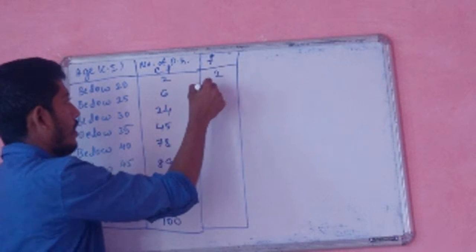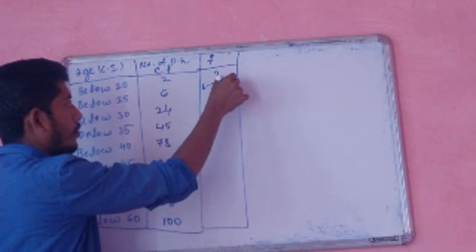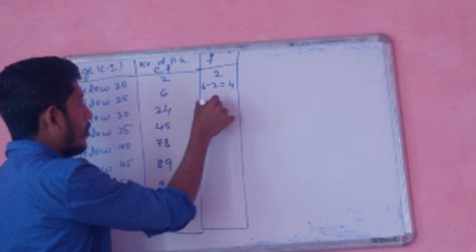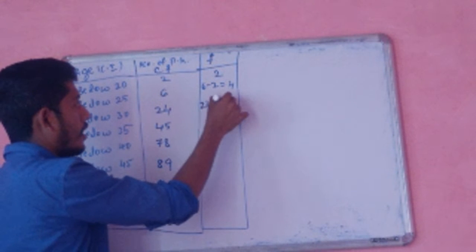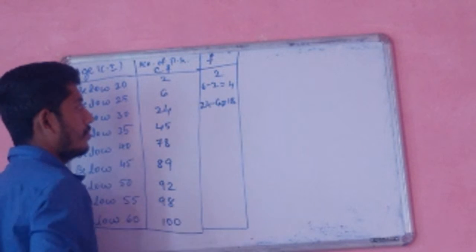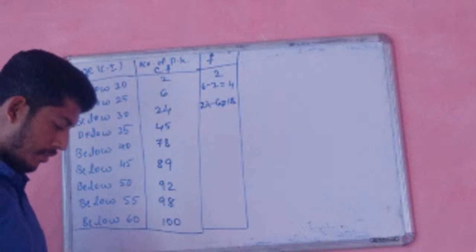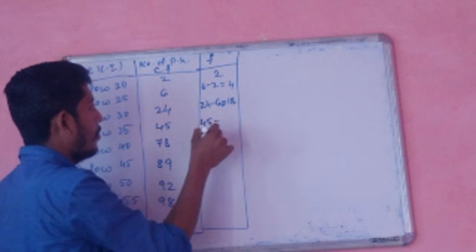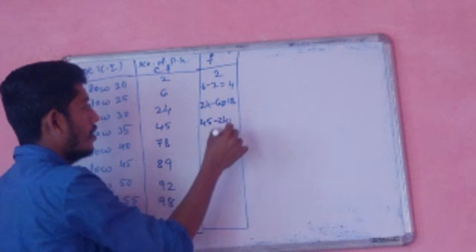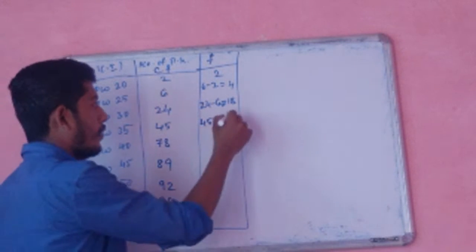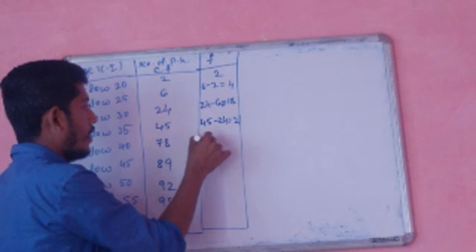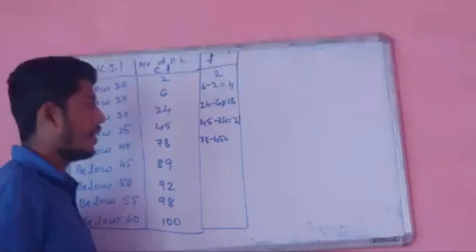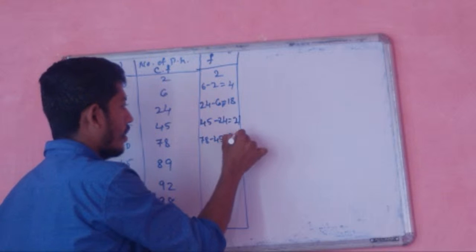The first one is as it is, 2. Then 6 minus 2 gives 4. So we have to subtract the values. Then 24 minus 6 gives 18. Then 45 minus 24 gives 21. Then 78 minus 45 gives 33.